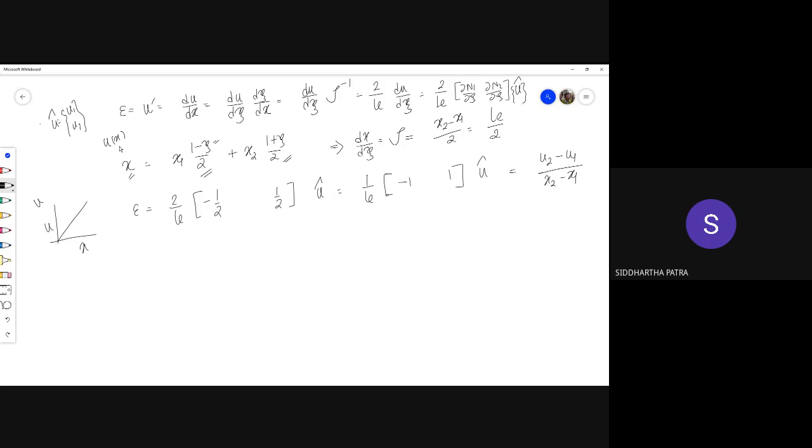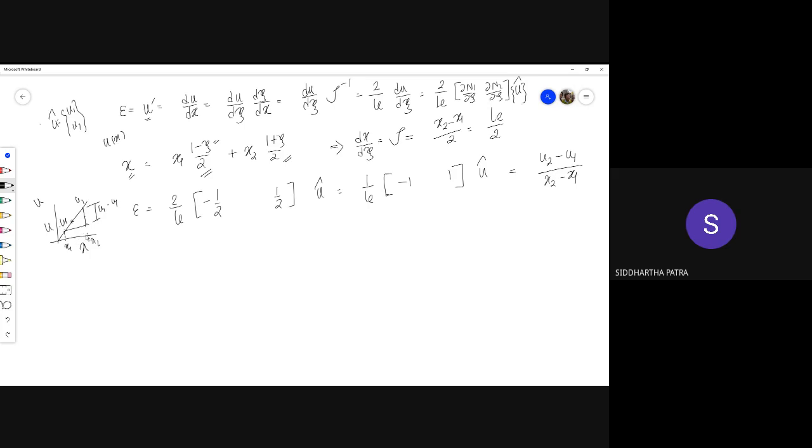And if indeed the quantity changes linearly, then so-called strain, which would be u prime, is everywhere. Let's say this one is x1 and this one is x2, and this one is u2 and this one is u1. It is always u2 minus u1 divided by x2 minus x1.